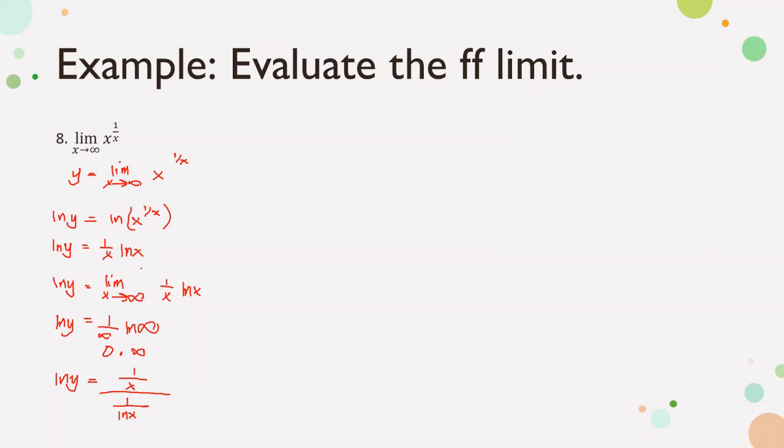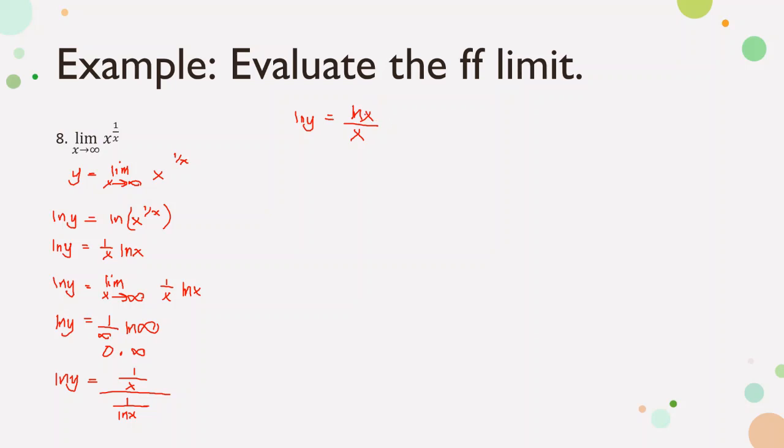Okay? So afterwards, let's try and simplify this one first. That would become ln y is equivalent to ln x over x. Just multiply 1 over x times the reciprocal of the denominator. That became ln x over x. After that, let's substitute the limit.